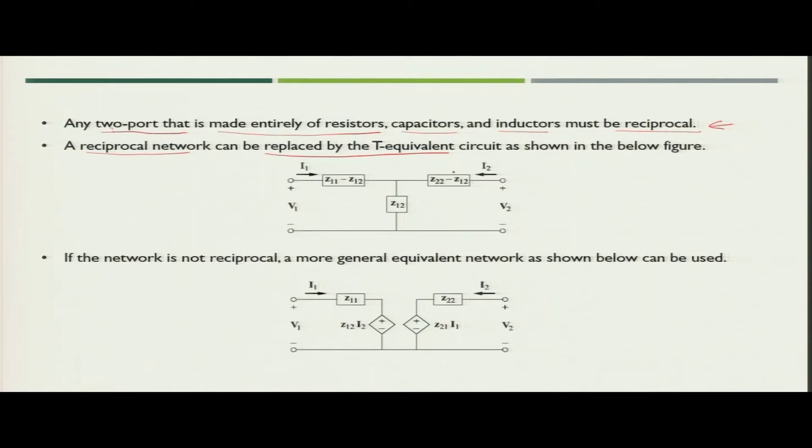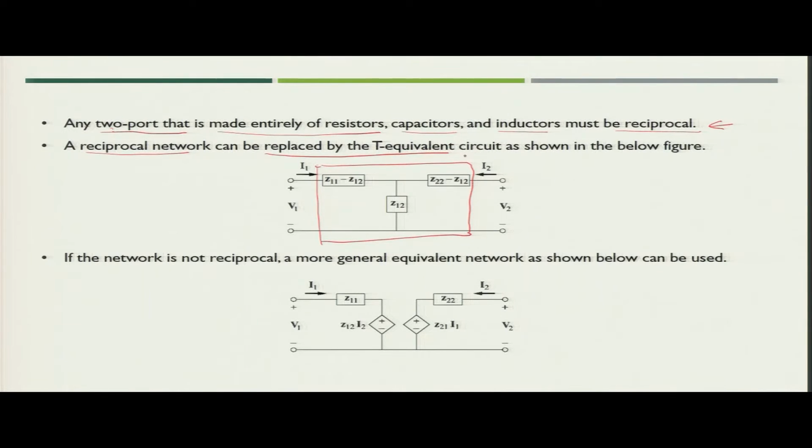If you see this particular T circuit, the unknown network which is inside the box can be equivalently represented by a T equivalent circuit, where V1, I1 are the input voltage and input current, and V2, I2 are the output voltage and output current at the other port.